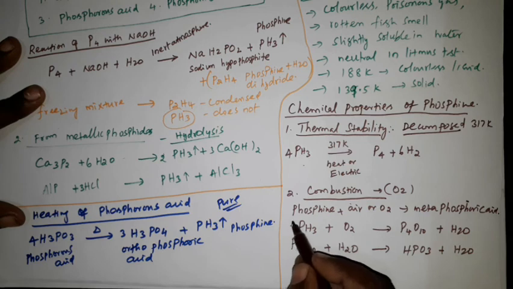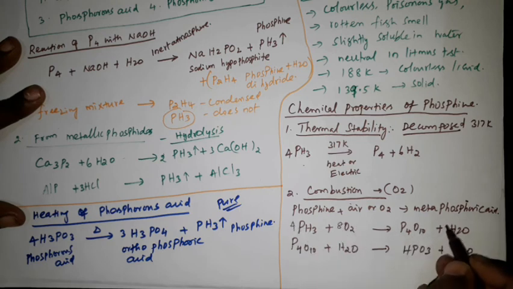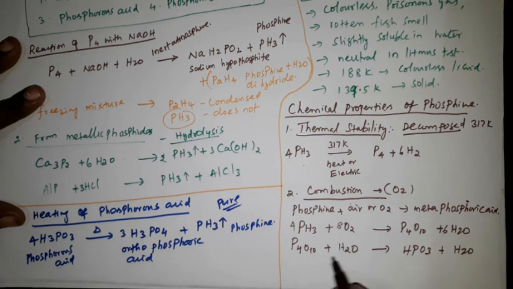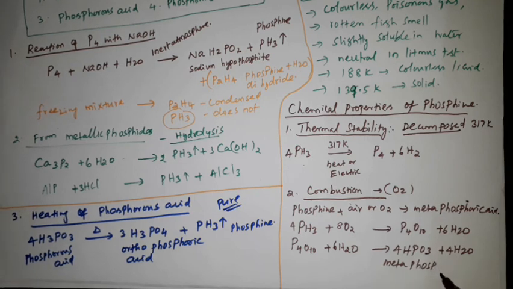Put 4 here, then 8 O2, we are getting P4O10, then 6H2O. Then P4O10 plus 6H2O, we will get metaphosphoric acid, that is 4HPO3, then 4H2O. This is metaphosphoric acid.